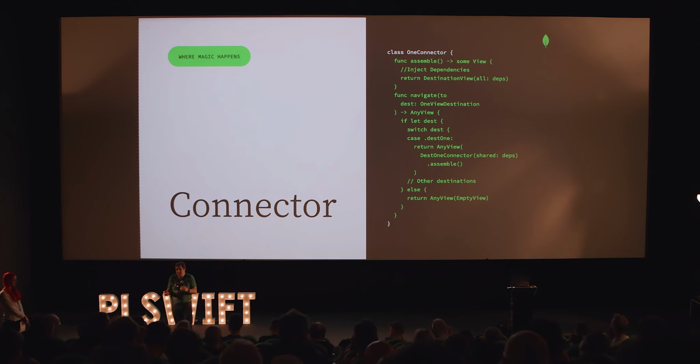The easiest thing is, when you do the switch, the enumeration is nil, and you can check before the switch. If let the navigation destination is not nil, then I will go through the switch. Otherwise, I will return empty, and that's basically it. That gets rid of a lot of boilerplate that gets executed every time.